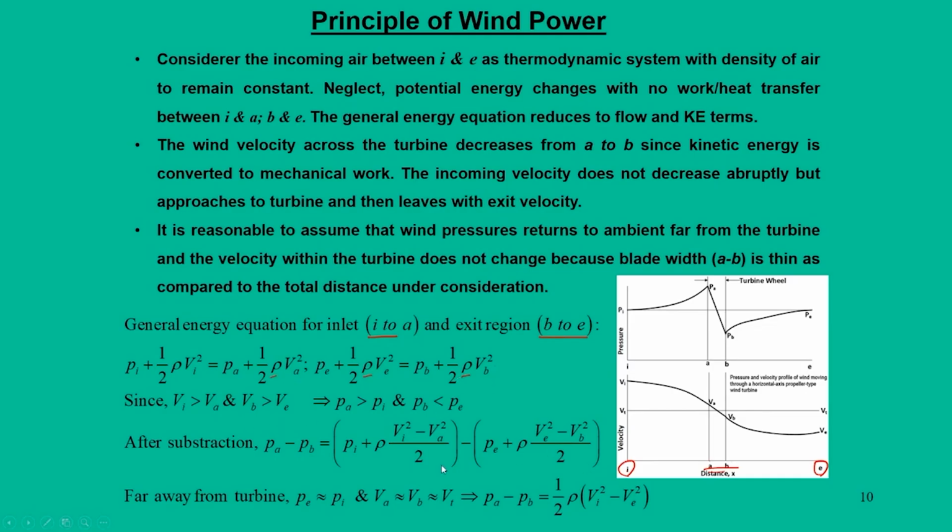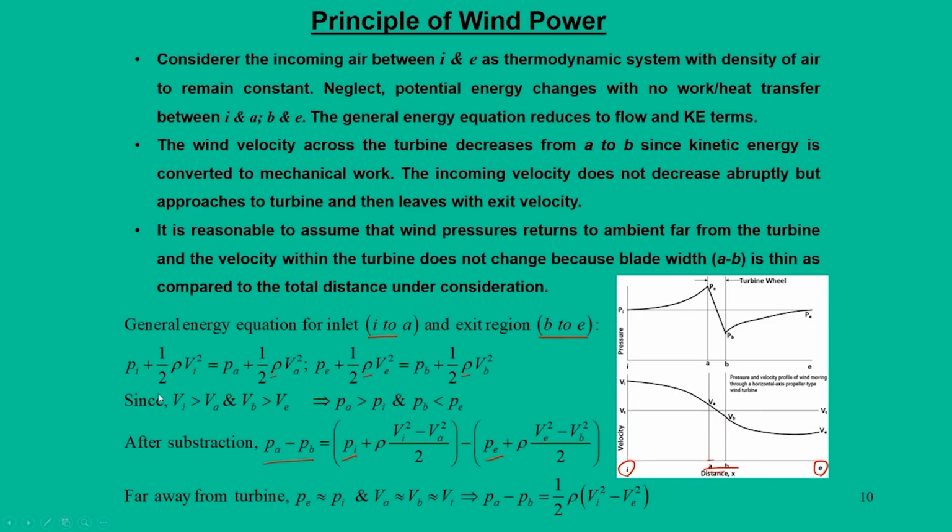As you see from this figure, since Vi is greater than Va, and Vb is greater than Ve, this implies that Pa should be greater than Pi, and Pb is less than Pe. Now, from these two equations, we can get an expression for the pressure difference between A and B in terms of initial pressure, exit pressure, initial velocity, exit velocity, and the velocities at A and B.